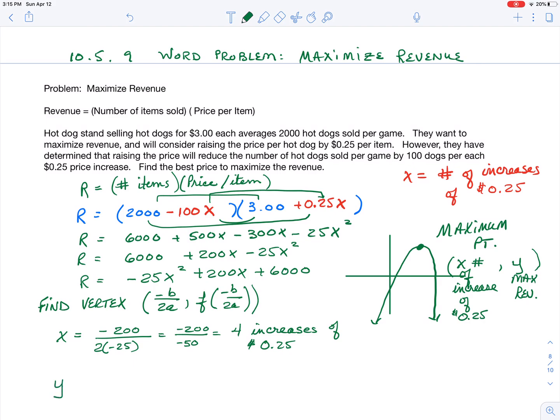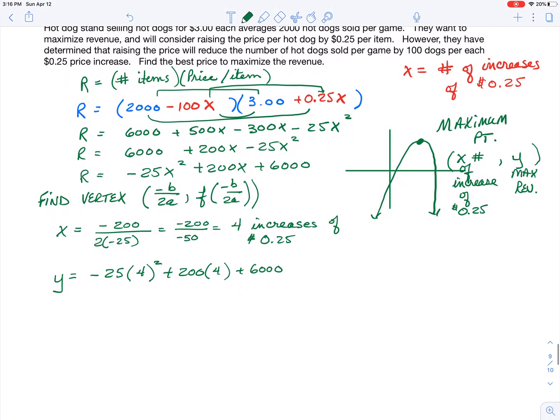And then let's go back and get y. And remember, the way you get y is you go back to the original function. Let me scroll up a little bit so I'm not running out of space down here. So this is, don't forget to square first here, this is 16.